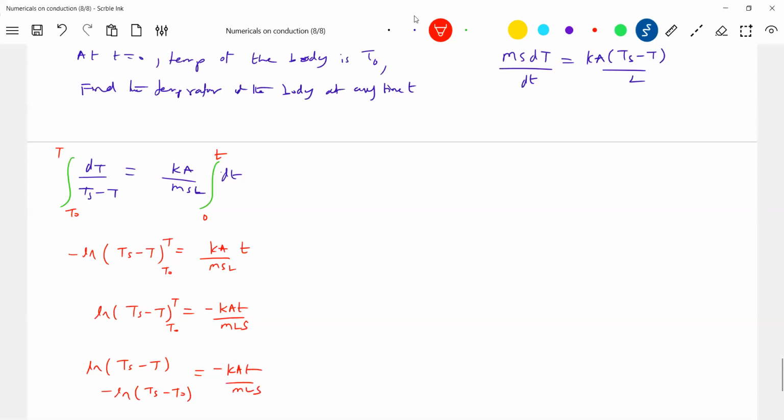Log of Ts minus T by Ts minus T naught. This is everything. I'll write it as some alpha. What is alpha? That KAt by msL. That everything will become alpha. Let me send log on that side.